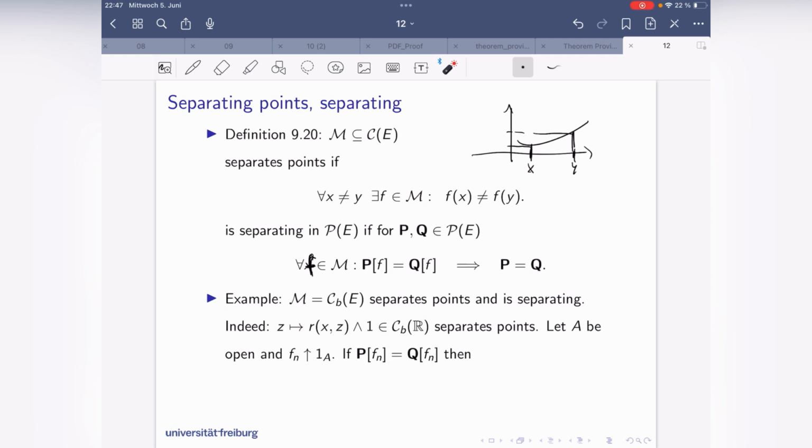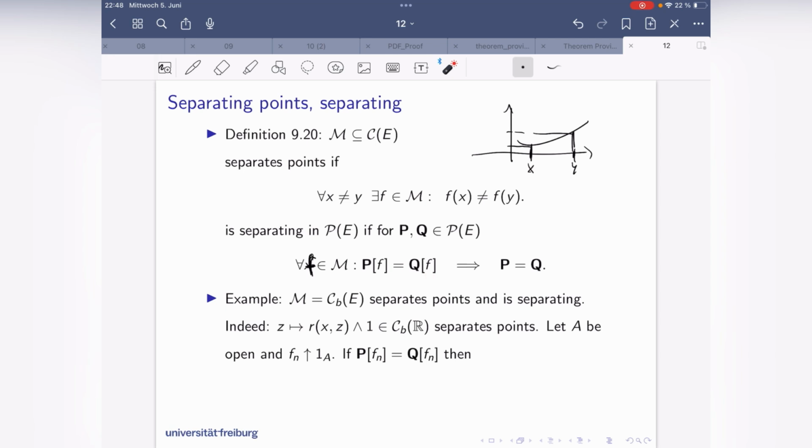So if that holds, then we say that the class of functions is separating. So being separating means you can distinguish p from q by the integrals with respect to all these f's. This is apparently the same as saying if p does not equal q, then there is an f such that the integral with respect to p is not equal to the integral with respect to q.